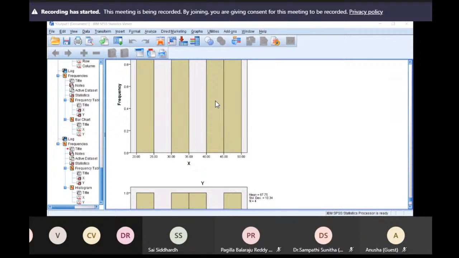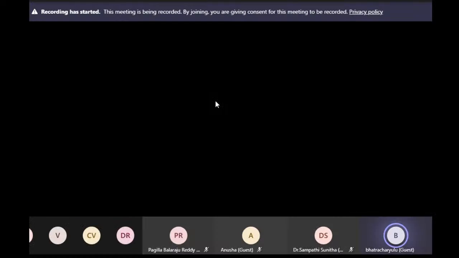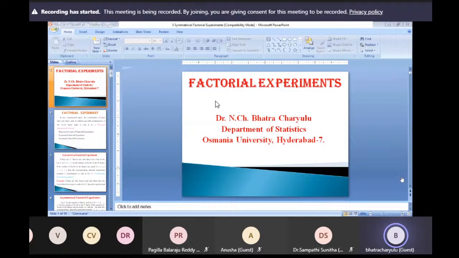Now I will share the screen. Yeah. Now the factorial experiments. Is the screen visible to all of you? Yes, sir. Yes, sir. Yeah.